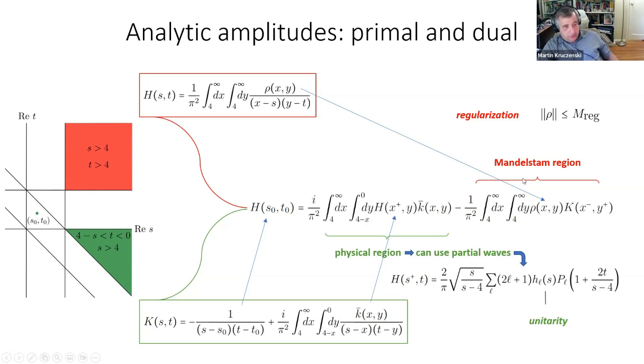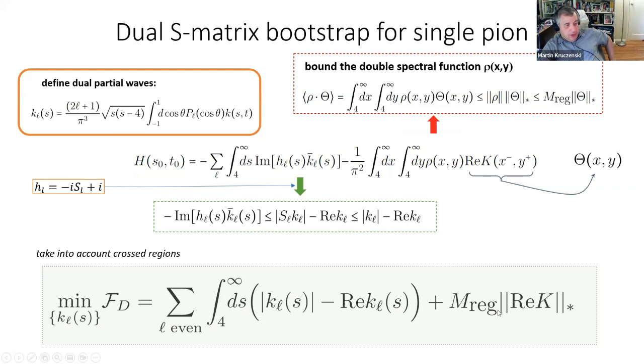The difference with 2D is that we get some extra term from the double spectral density and this dual amplitude in the Mandelstam region that we need to bound by putting some regularization of the double spectral density. So in the end, what we get is a formula similar to 2D. This here in 2D was the modulus of KL, but that's just from the definition of the partial waves. So these are like dual partial waves. Because we're not putting SL, but we're putting the partial wave, there is an extra term that gives you the real part.